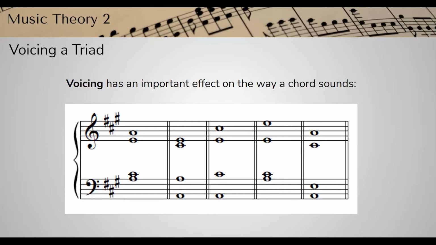In the next example, we've spread out the bass and the tenor a little bit more, so we get a slightly darker sound. And in the third measure, we've spread out the voices even more, so we get a bright and dark sound, covering all the different registers. It's a very full effect with that one.